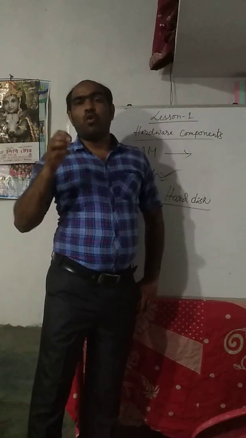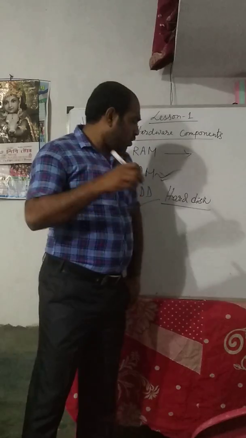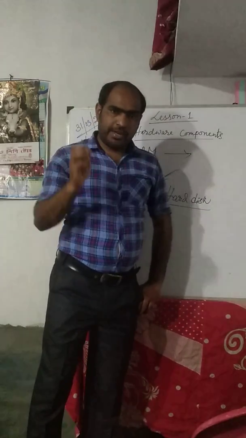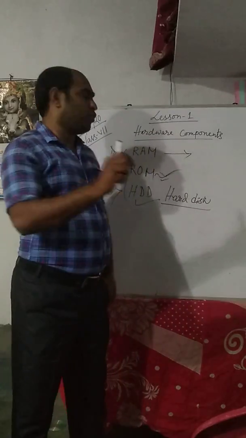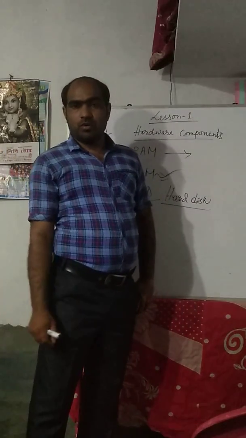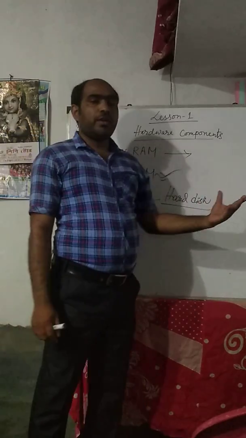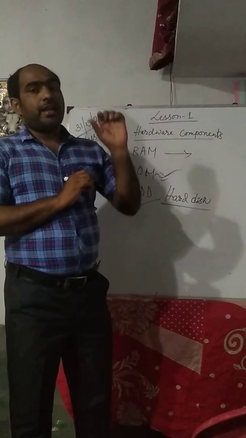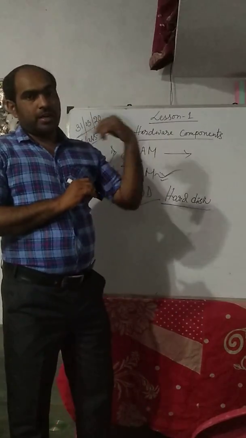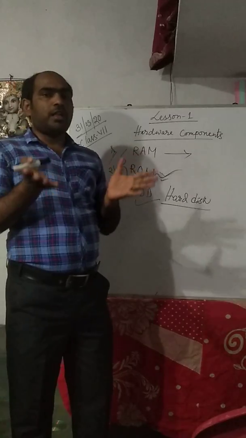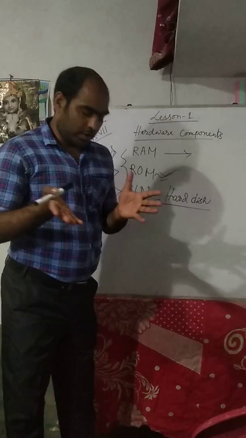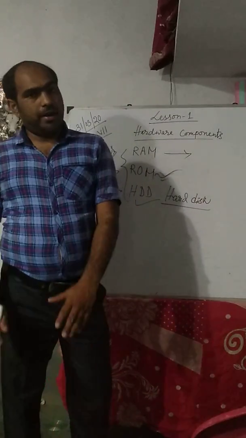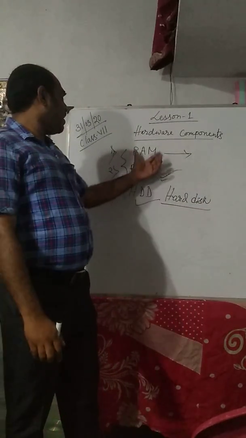We can store so many programs and so much data, our pictures, our videos, plenty of things inside the hard disk. We can carry it, read and write, and all our programs and computer work are stored inside the hard disk. So these are the three important things.